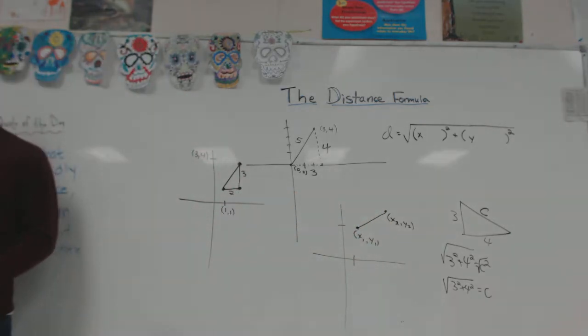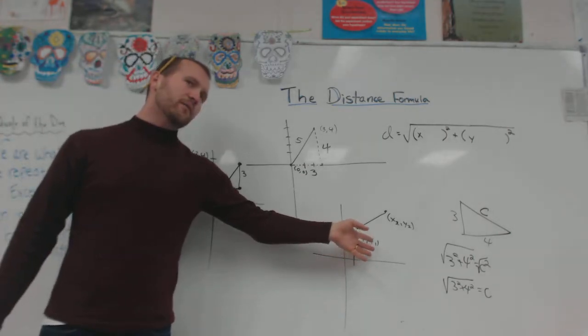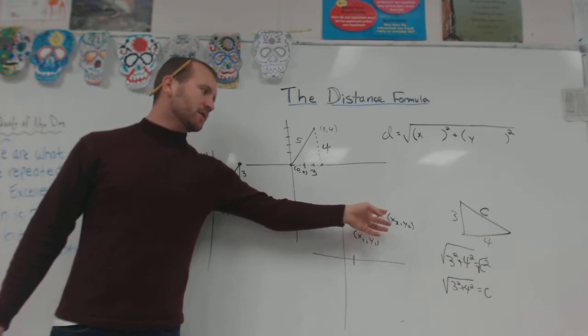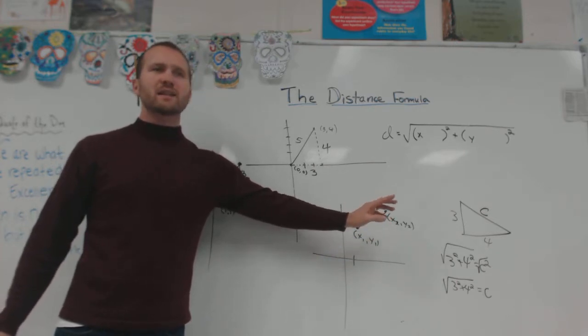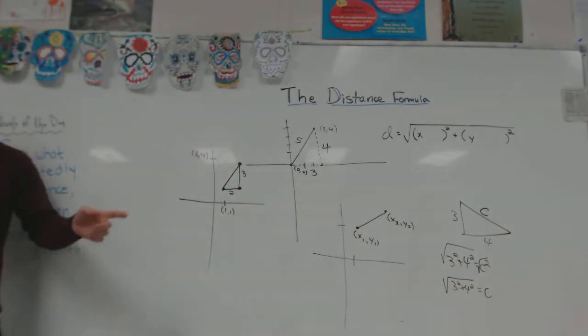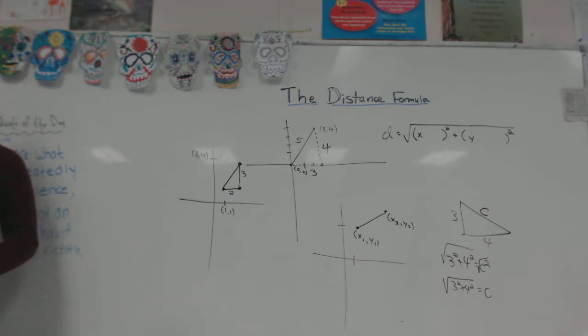I'm not going to tell you. This could be like 1, 5, but maybe it's 1, 4. And this one looks higher, so it could be like 6, 8, but maybe it's like 7, 8. How would you find the distance between those 2 points, x1, y1, and x2, y2?